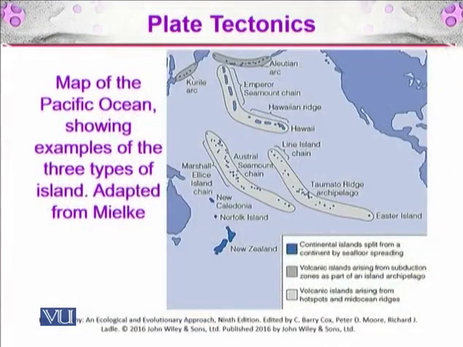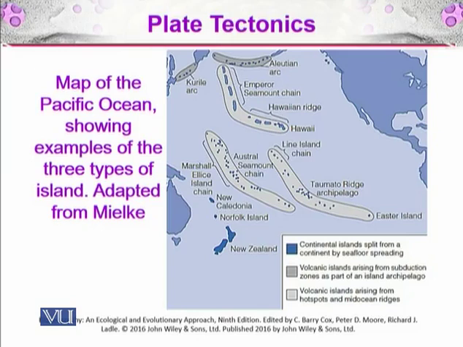Here you can see a map of the Pacific Ocean showing examples of the three types of islands. You can see the Aleutian Arc and Kurile Arc in the north, but as you go down you have the Emperor Seamount Chain, the Hawaiian Range, Hawaii, which is a state of the United States of America, and then the Line Chain Islands, the Tuamotu Archipelago, Easter Island, and the Marshall Islands on the west.